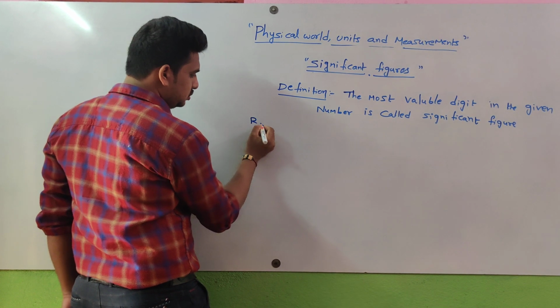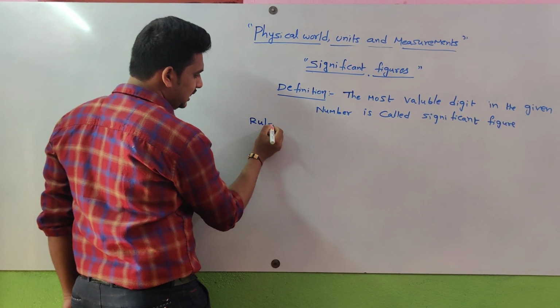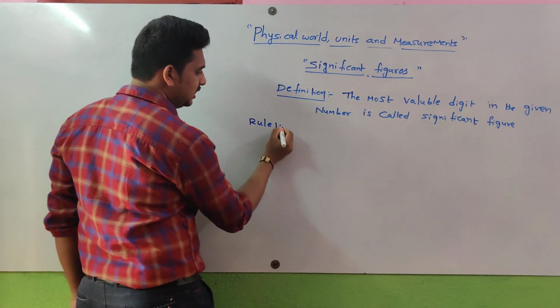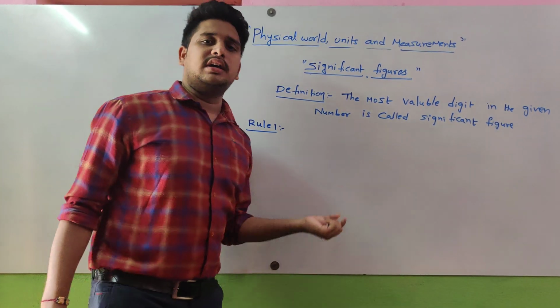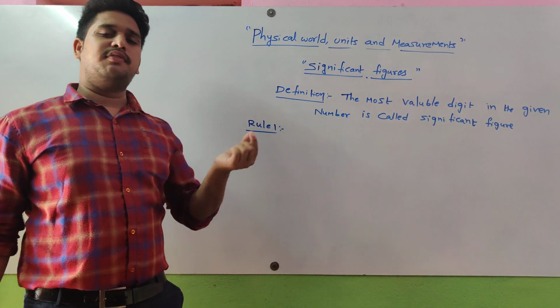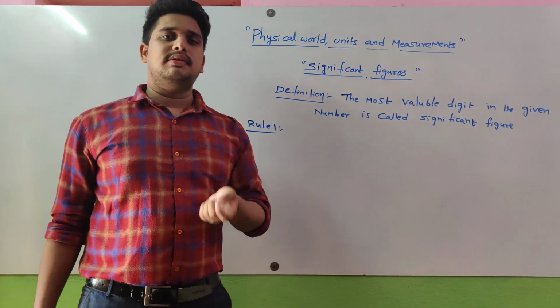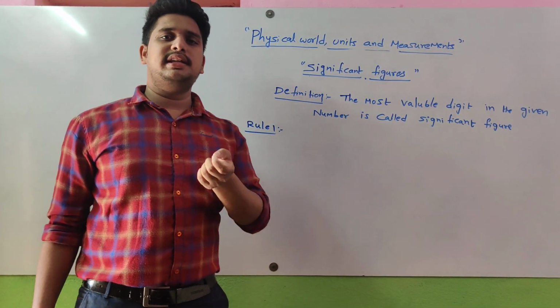Before going to the examples, I will tell you the rules of significant figures. These are the most important rules. If you know these rules, then for any given number we can easily find the significant figures.